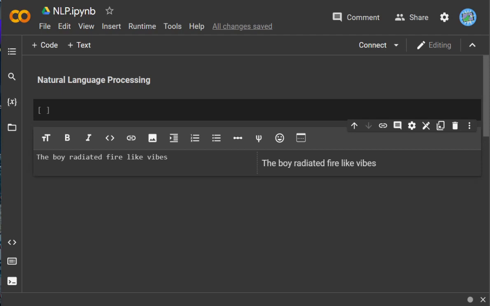But for a computer, it is very difficult to know whether the boy is really motivating or he actually radiated fire. That is the confusion arising for the computer. Perhaps this is one of the most complicated tasks: making a computer understand that it is not actually that the boy radiated fire, but a similar meaning to that the boy is very motivating or has a motivating personality.